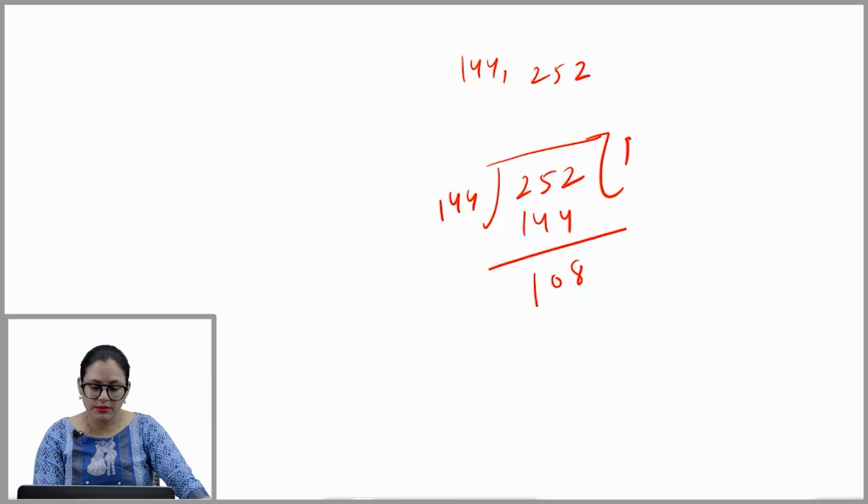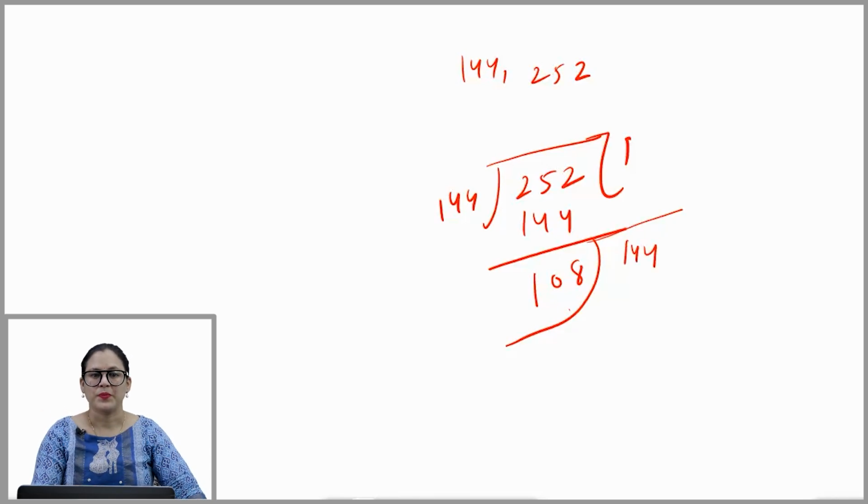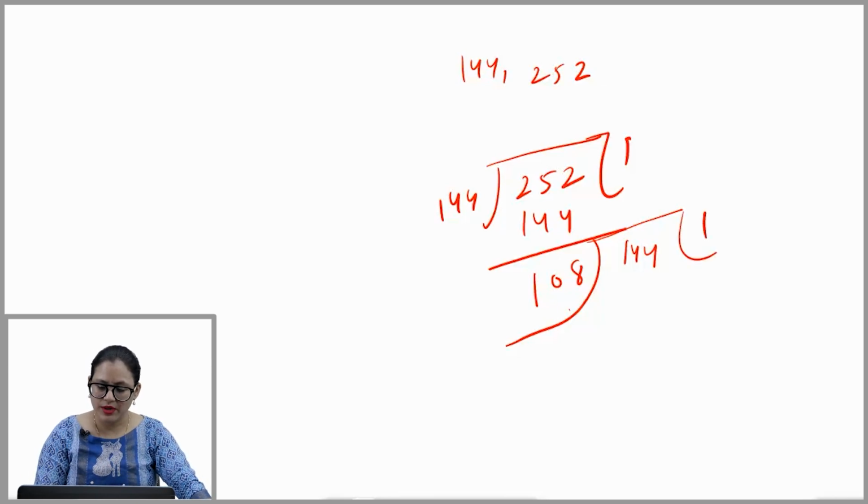Step 2, this is the remainder. Step 2 is make the remainder the new divisor. It will become the divisor and the original divisor, which is 144, the new dividend. Now let's divide. 108 ones are 108. So, what will we get? 6 and 3.